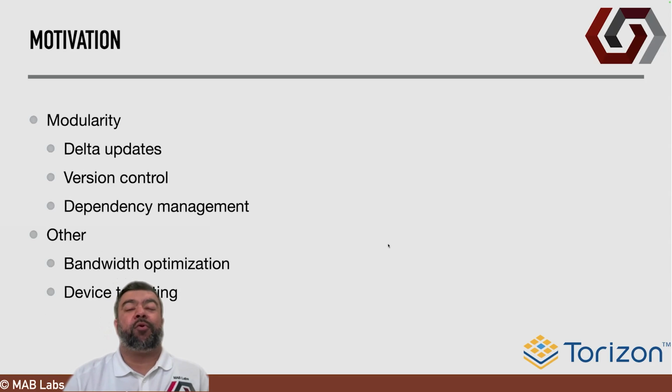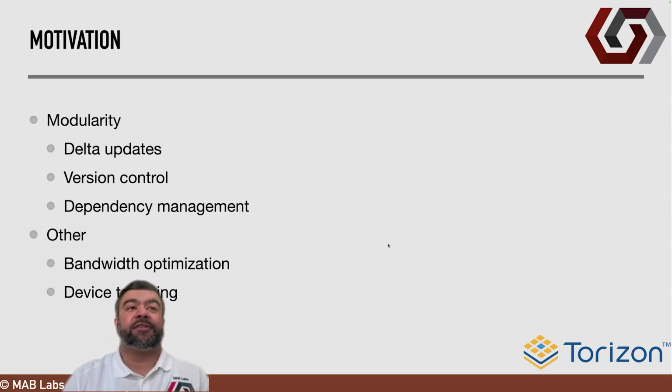Modularity is another important consideration when evaluating different OTA schemes. What that means is, does it have the capability to support delta updates? So you're not just downloading everything unnecessarily. You're only downloading and fetching components that have changed.